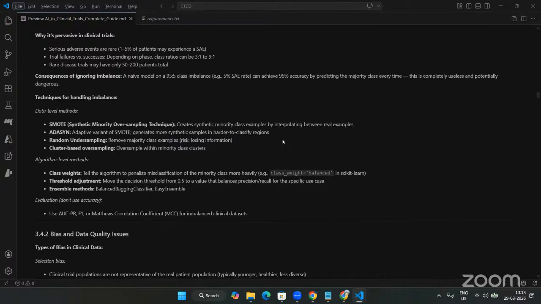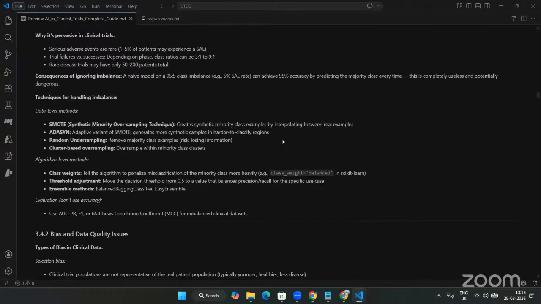Then ADASYN is an adaptive variant of SMOTE, which generates more synthetic examples in harder to classify regions. Then random undersampling removes majority class examples, with the risk of losing information. Then cluster based oversampling oversamples within minority class clusters.